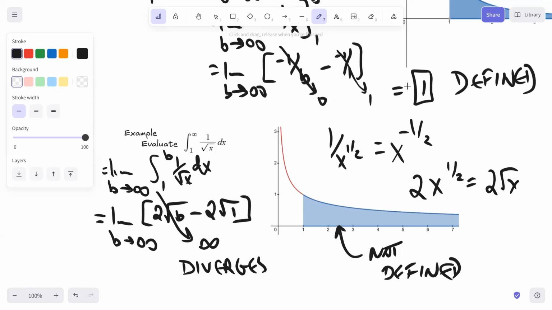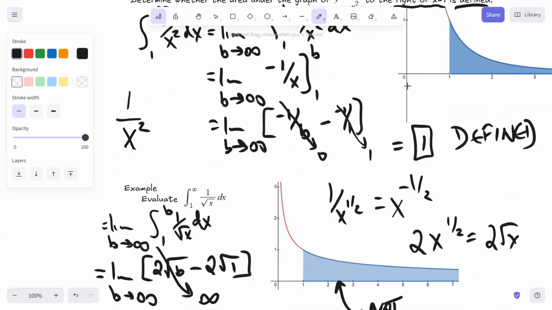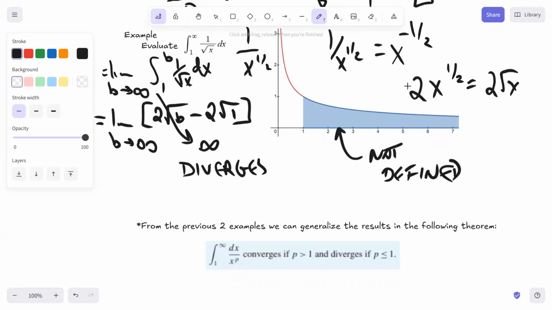If you noticed, if we compare these two, this first one was 1 over x squared, and it converged. This second one, we're looking at the area under the graph of essentially 1 over x to the 1/2, and it diverged. The general form is 1 over x to the p. Now, there's actually a theorem that generalizes this result.